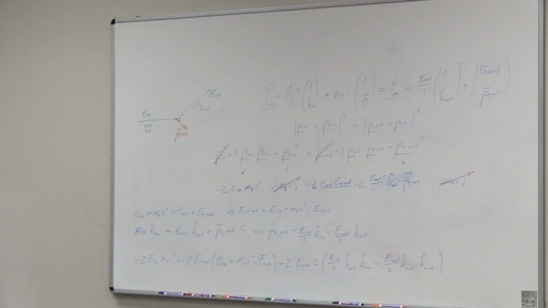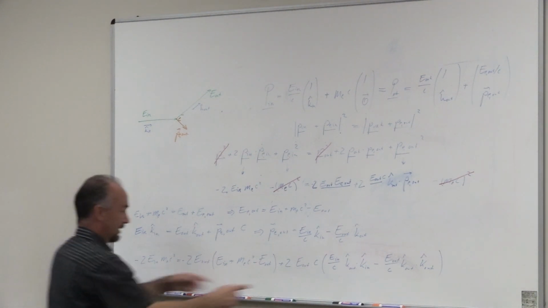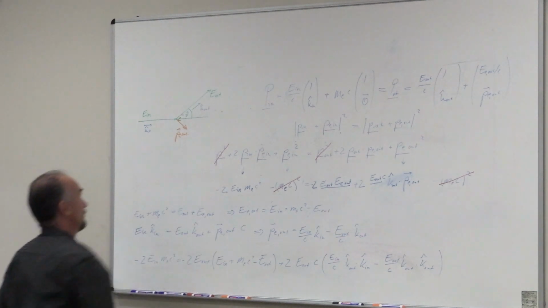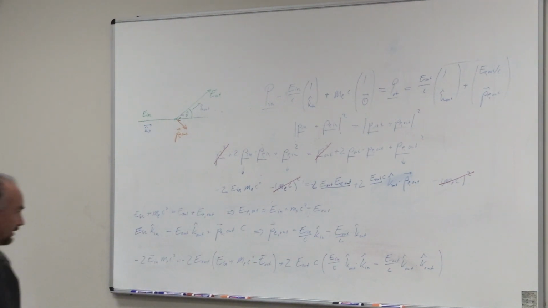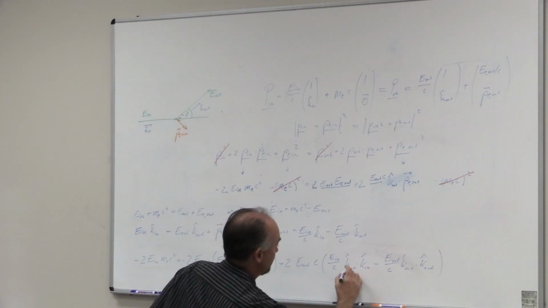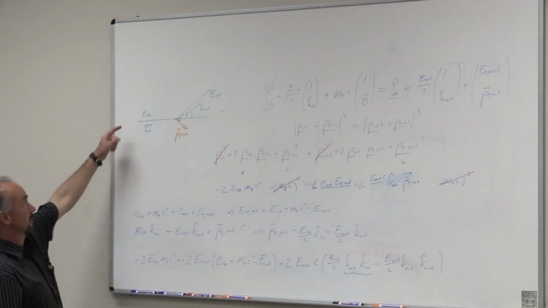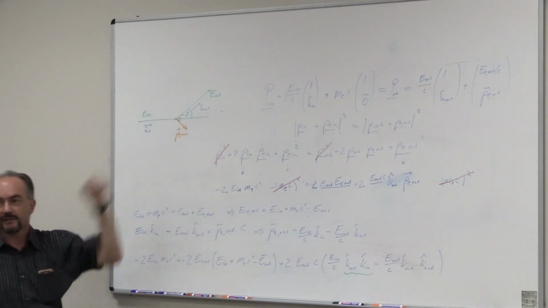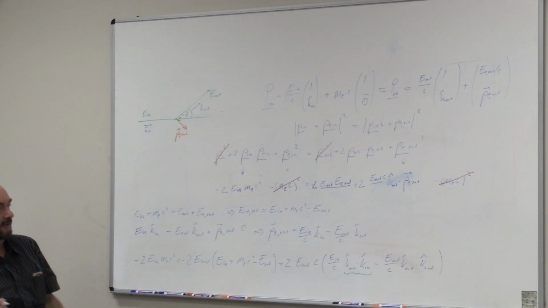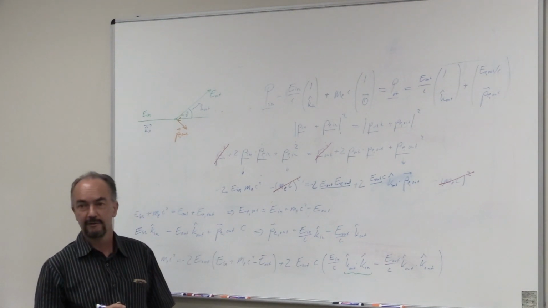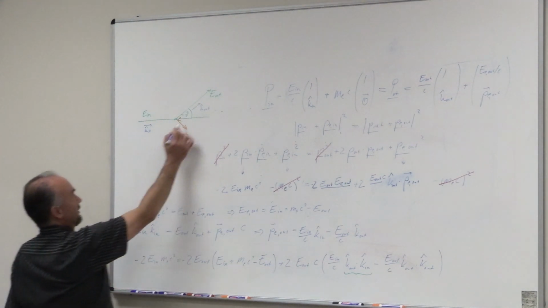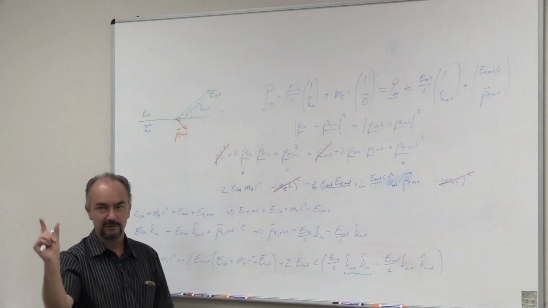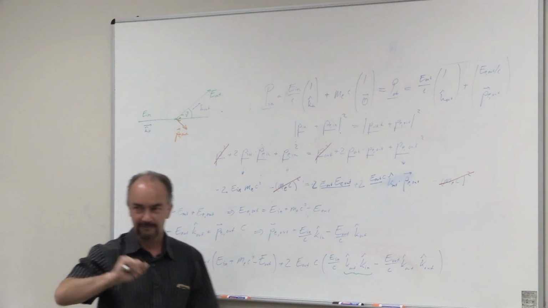Okay, let's see if we can simplify that a little bit. First, if we define, say, some angle theta by which we are scattering here, then the 3-vector dot product of this vector and this vector gives us what in terms of the angle? That's the angle between the two vectors of which you take the dot product, the unit vectors, length 1. So the dot product gives you the cosine of the angle between, right?